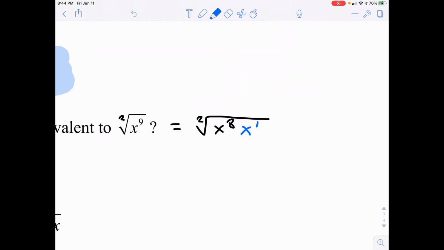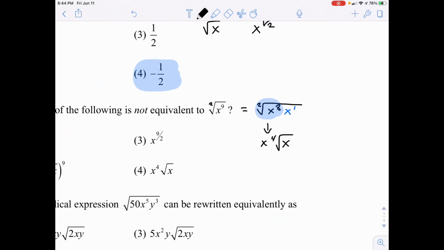Therefore, the square root of x to the 8th power would simply be x to the 4th power. 8 divided by 2 is 4. Times the square root of what's left over that I cannot take the square root of, simply x. So that's one possibility right there. We want to know what it's not equivalent to, so I can cross that off the list.